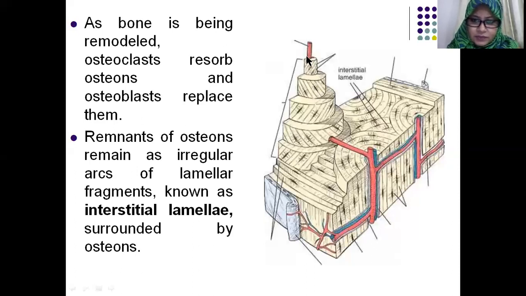Where the Haversian canal is surrounded by lamellae, these are known as concentric lamellae; beneath the periosteum, these are outer or external circumferential lamellae; surrounding the bone marrow cavity, these are inner circumferential lamellae; and in between the Haversian systems, these are interstitial lamellae.